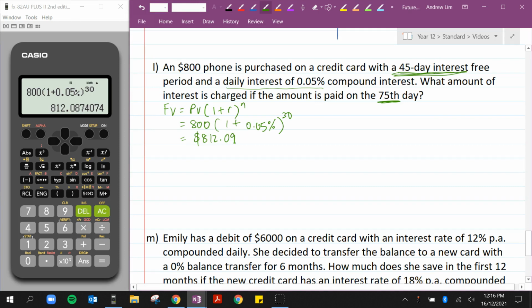That's how much we're paying on the 75th day. The question is asking how much interest is charged. Interest charged is the future value minus present value. 812.09 minus $800, which is $12.09.